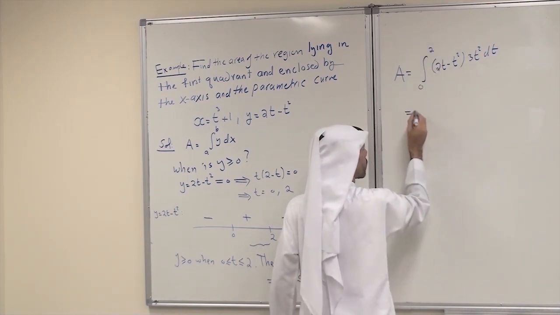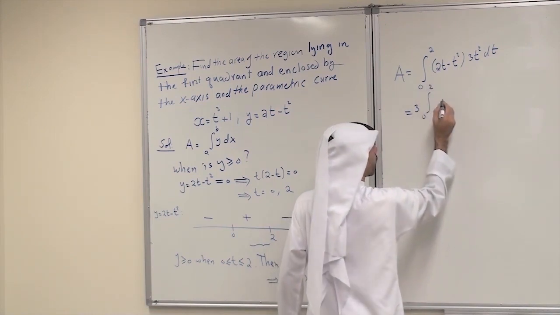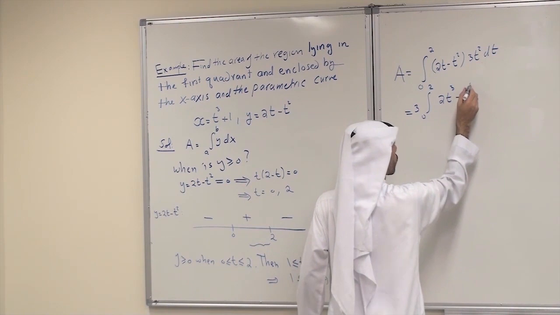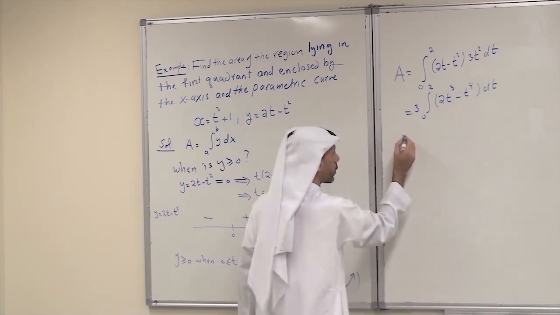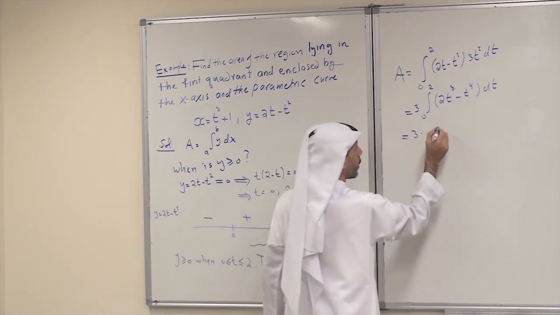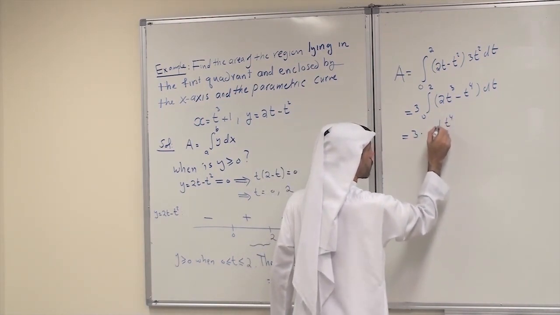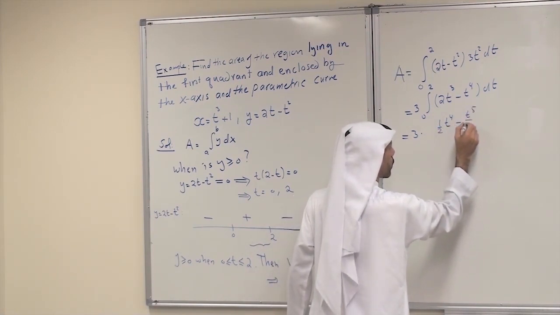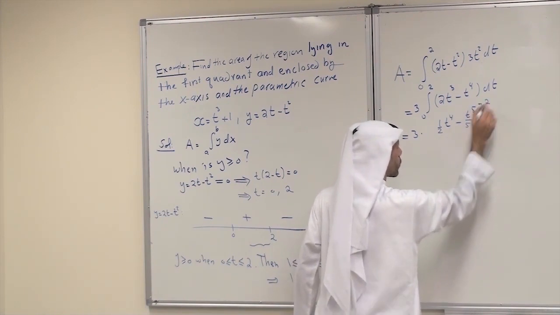We just now compute, take the constant 3 outside, 0 to 2, this is 2t cubed minus t power 4 dt, and then integrate. This is 3 times t power 4 over 2 minus t power 5 over 5 from 0 to 2.